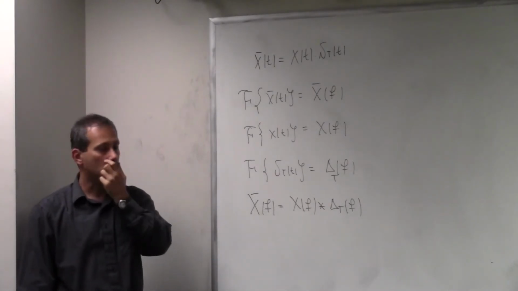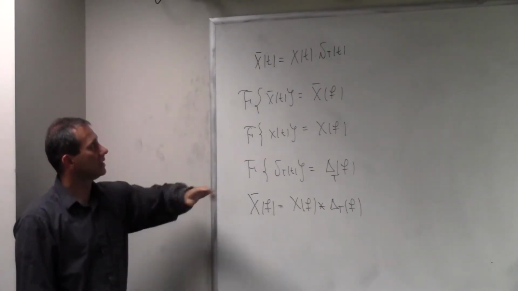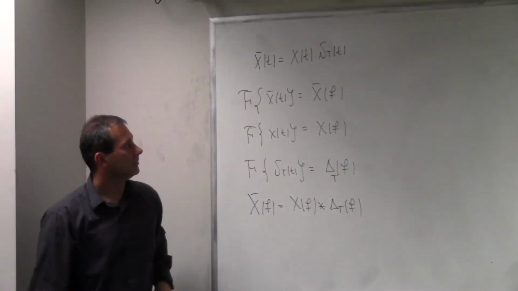What's the Fourier transform of this signal delta T of t?